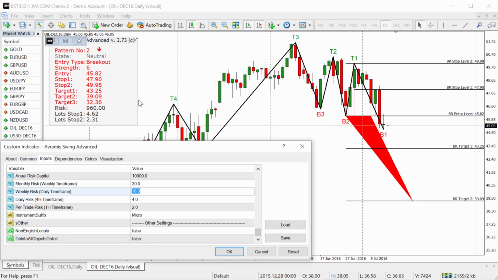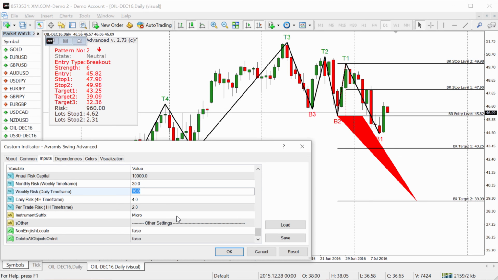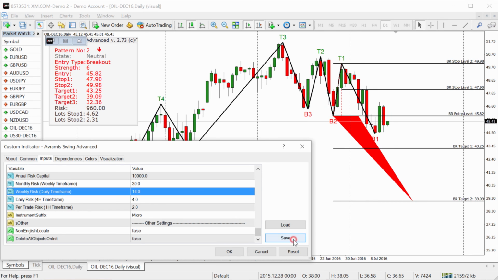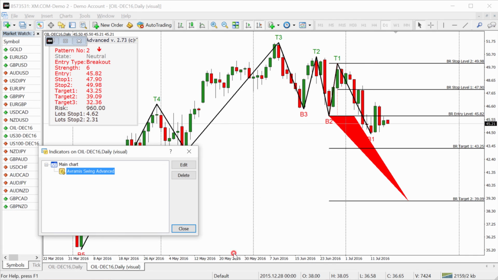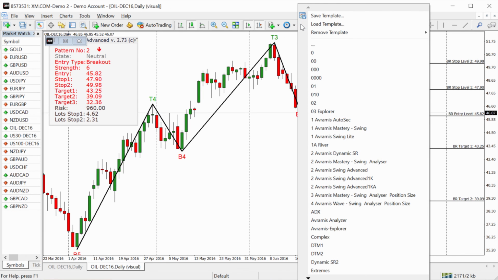Now, once we have edited the parameters of the indicator, it is best to save the settings here and then also save this as a template on the MT4 platform so that we can have our own customized settings with the indicator.